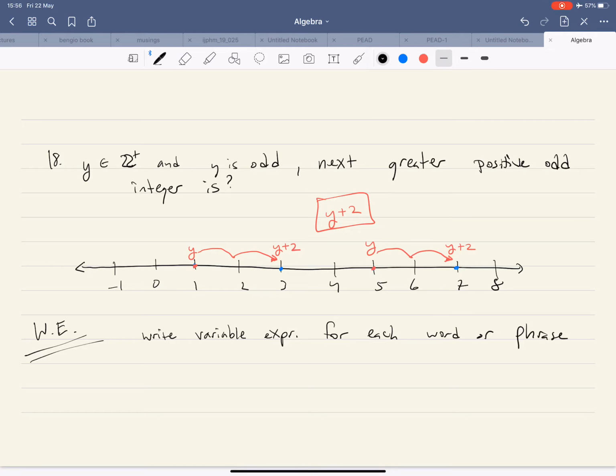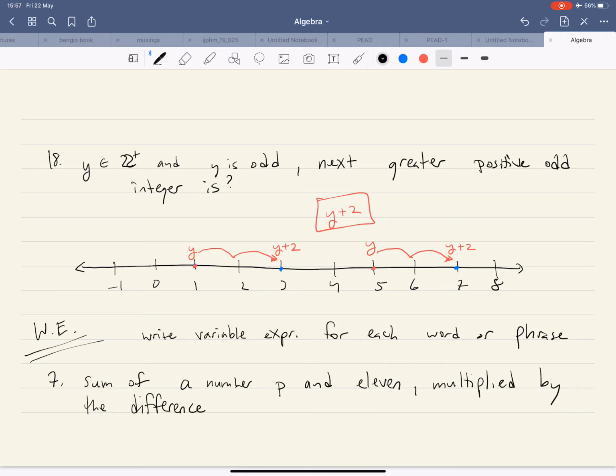So the first one that we're going to take a look at is number 7. Number 7, the phrase is the sum of a number p and 11 multiplied by the difference when 14 is subtracted from a number q.